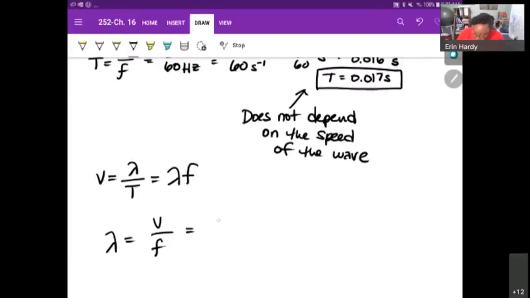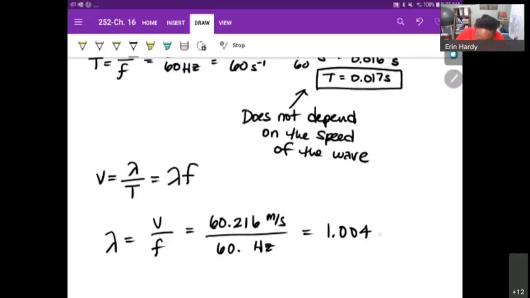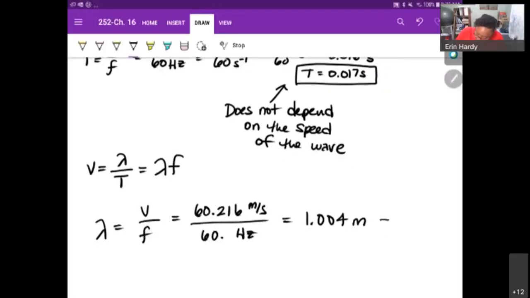Our unrounded wave speed from the previous question was 60.216 meters per second divided by 60 hertz. We're going to get something that will round to 1, but let's look at our exact value. This is 1.004 meters, but to 2 sig figs, this is just 1.0 meter.